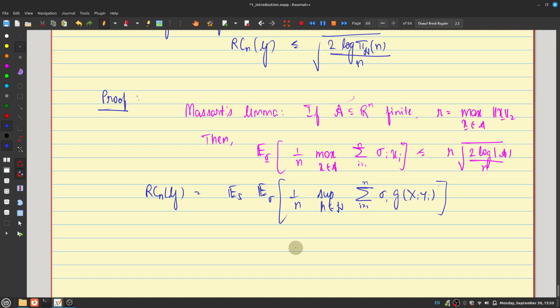Suppose that H were finite, then you can immediately see the connection, right? Because I have this g of x_i y_i, I can call this x_i, and then I can directly apply Massart's lemma. Correct?